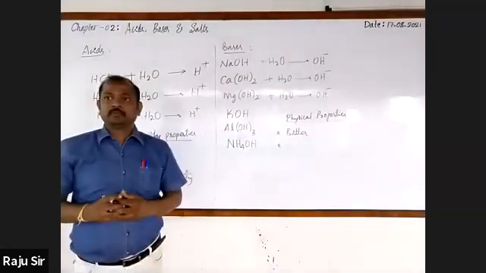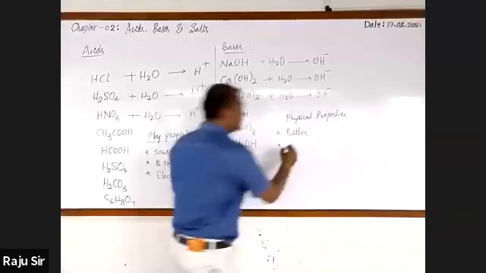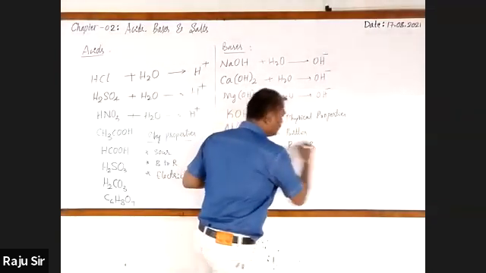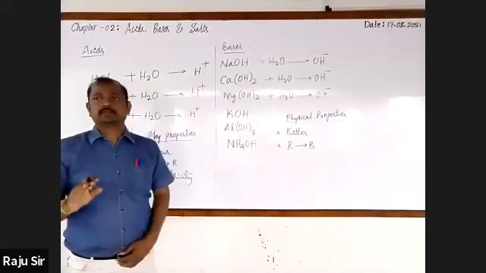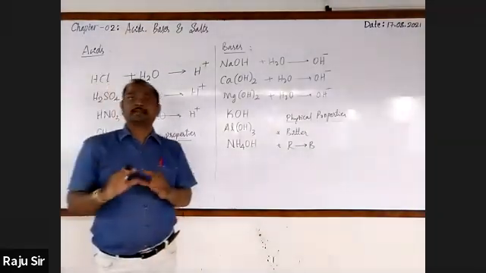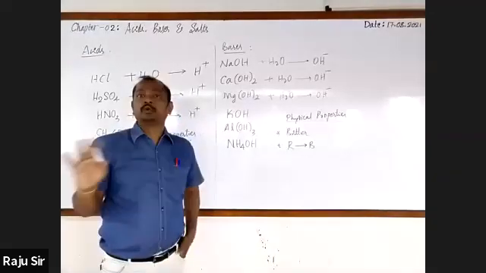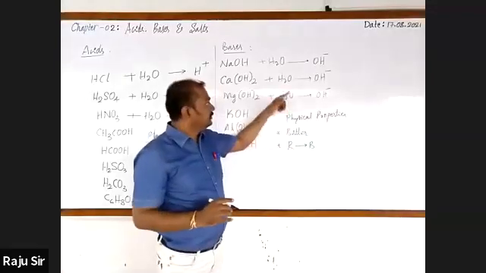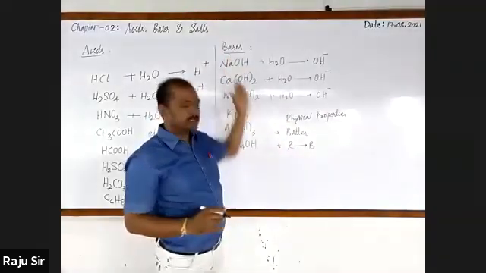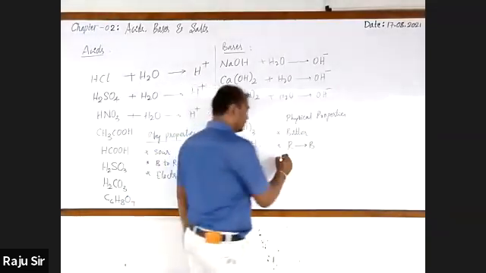Red turns to blue. If it is blue, it remains the same; there will be no change in the color. When red litmus paper is dipped into the base, it turns blue.